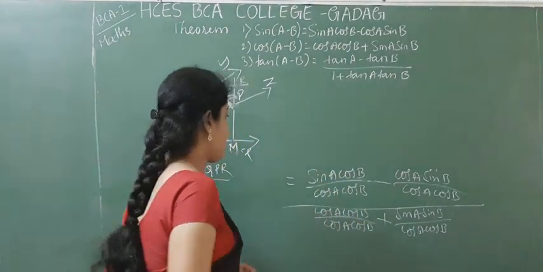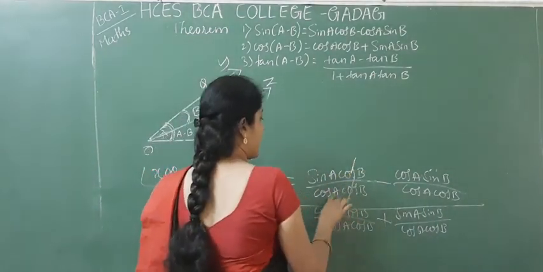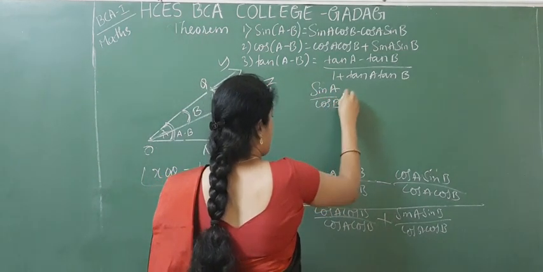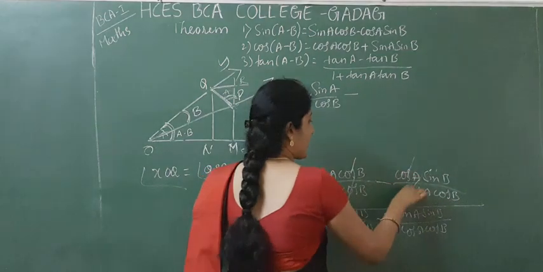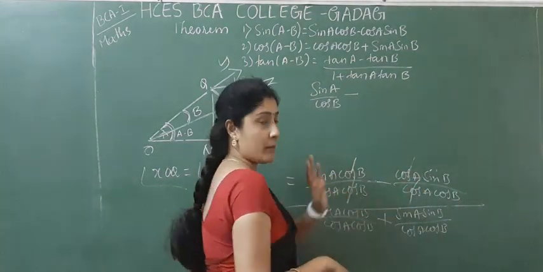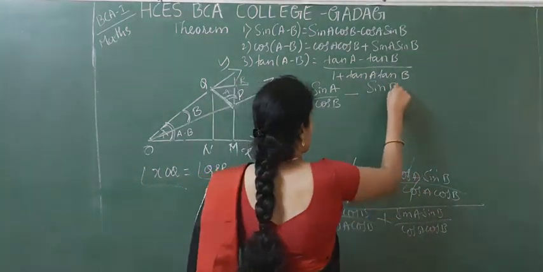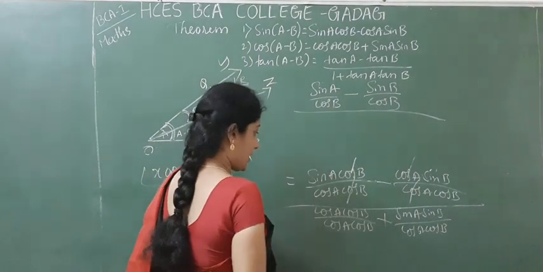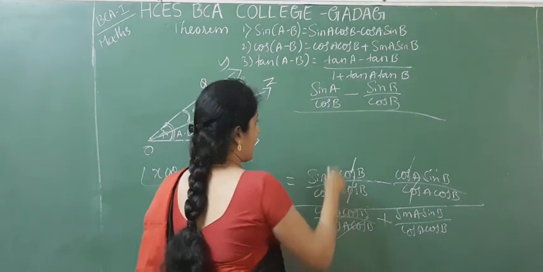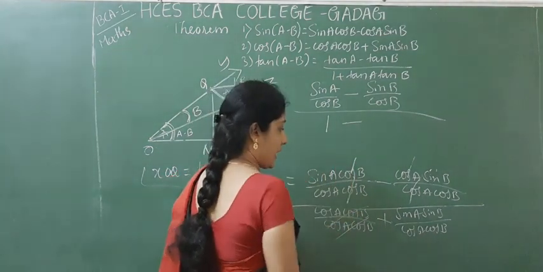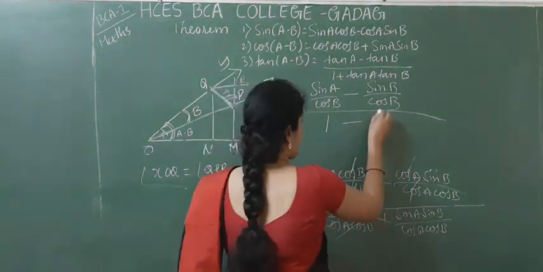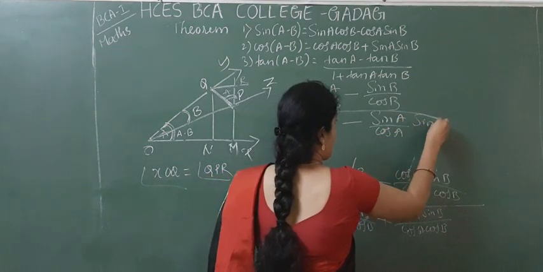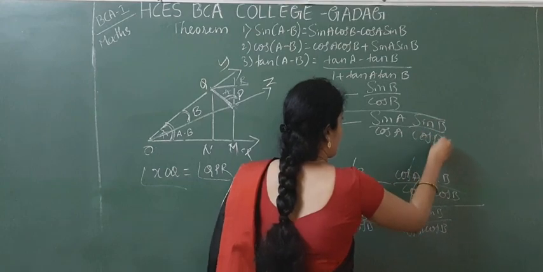So here cos B gets cancelled. Sin A divided by cos A minus, here cos A gets cancelled, sin B by cos B. Sin B divided by cos B divided by, here see cos A cos B both get cancelled, hence 1, and here nothing gets cancelled, therefore it is sin A by cos A and sin B divided by cos B.